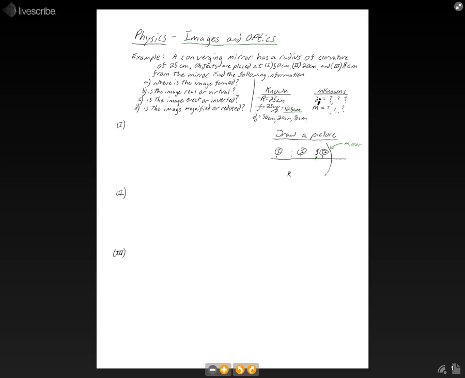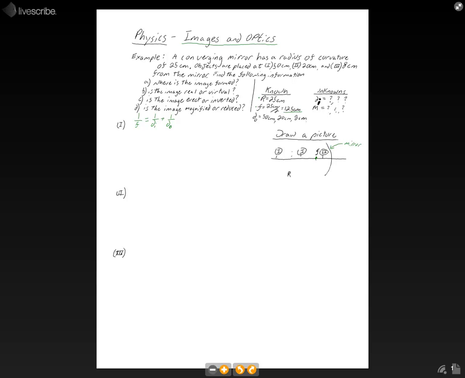So, for all of these problems, you're going to use basically the same formula again and again. That formula is 1 over F equals 1 over di plus 1 over d object, so do. With that, you've got some values that you can plug in.